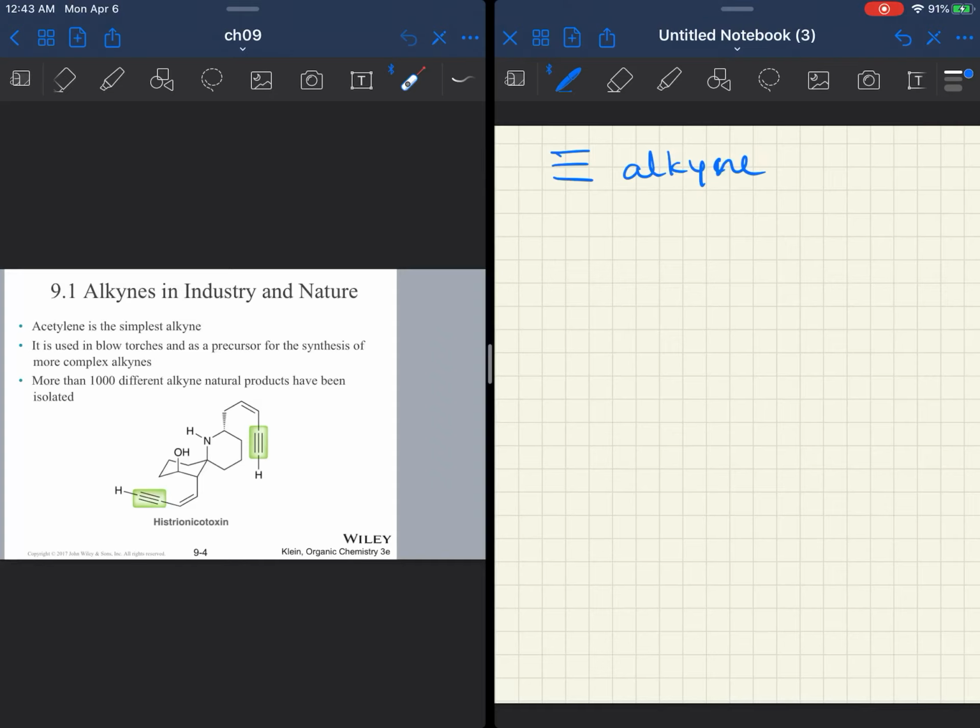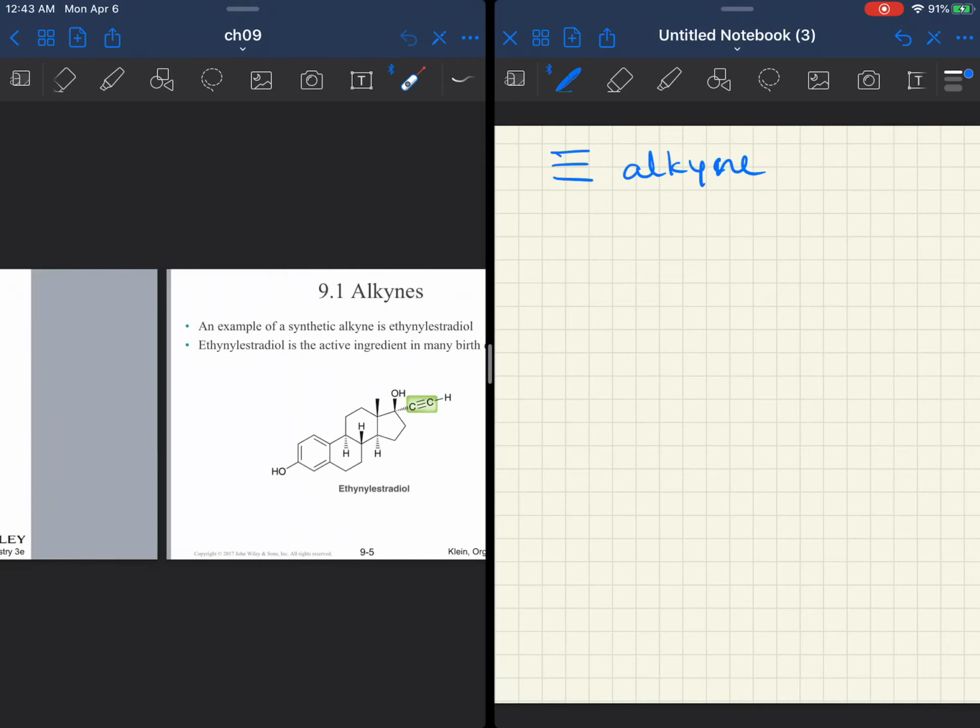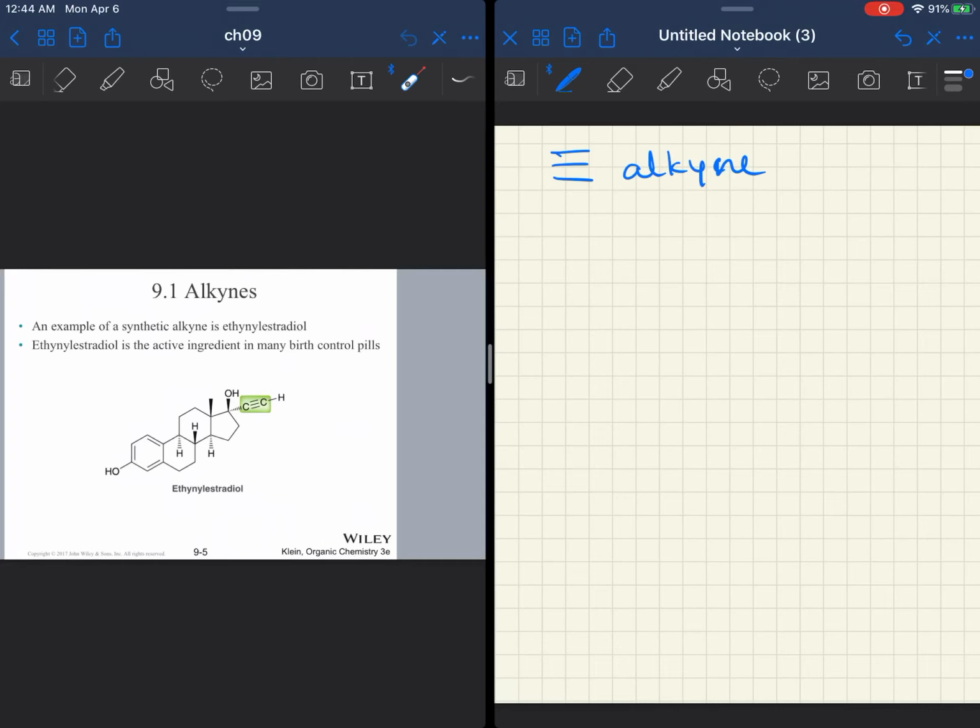A common name that you'll see is acetylene. That's one that I'm going to ask you to know. It is just 2 carbons with a triple bond. It's the simplest one. It's used in blowtorches, and it's an important precursor for synthesis. We're going to talk about multi-step synthesis again at the end of this chapter, and this is going to be an important starting material.